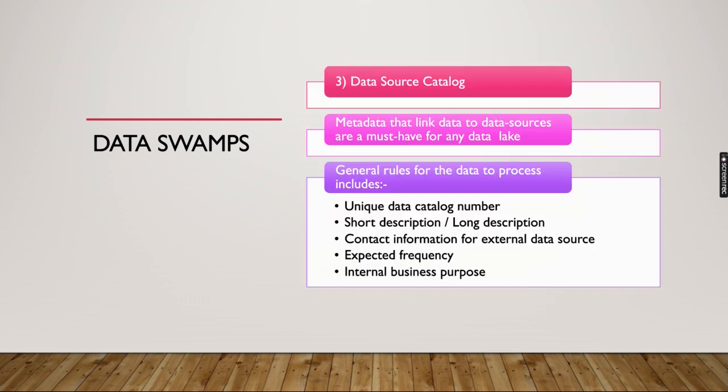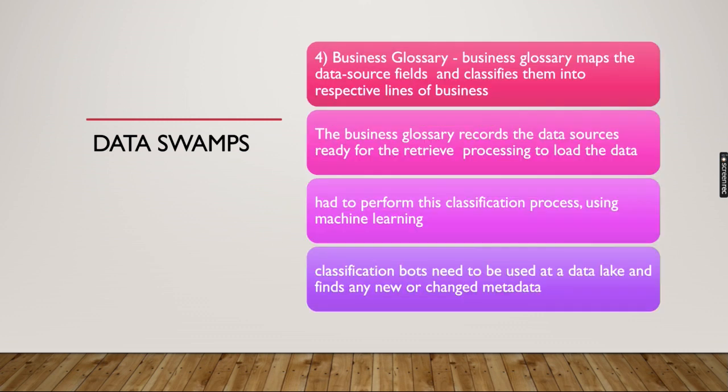Data source catalog: metadata that links data to the data source is a must-have for any data lake. General rules for the data to process include a unique data catalog number, short description or long description, contact information for external data sources, expected frequency, and internal business process. So these rules need to be applied to the process.